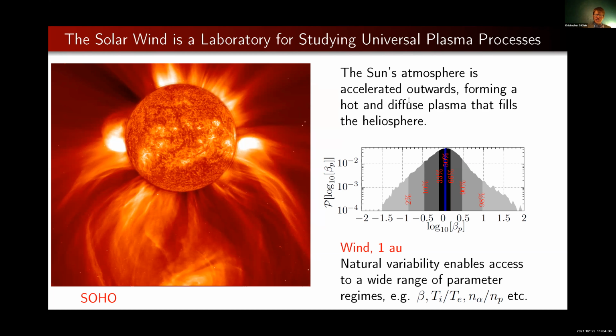This is drawn from several decades worth of observations in the near-Earth environment at 1 AU, and we see most of the time the thermal and magnetic pressures are about the same, but if you wait long enough, you will get hours upon hours of measurements of very high or very low beta plasmas, which means that if you really care about, say, an accretion disk where you have very strong magnetic fields, you'll be able to model at least some of those plasma parameters that are driving the dynamics by studying the solar wind.